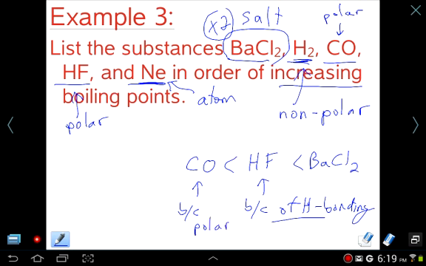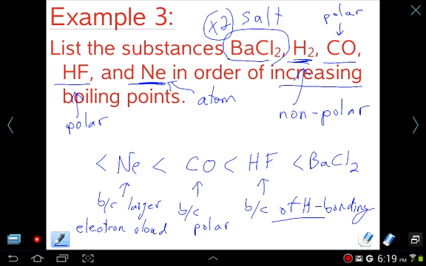And then between these last two nonpolar species, we should put neon next, because of its larger electron cloud, which creates stronger, bigger dispersion forces.